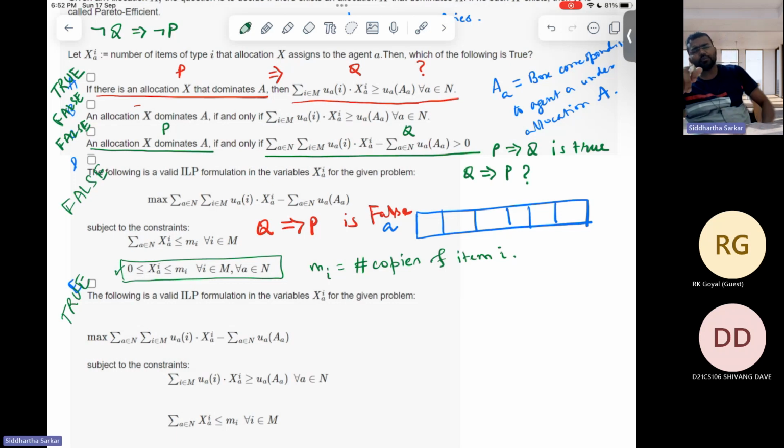So in the assignment which is due on Wednesday, there is a slightly different ILP formulation, but because we have discussed how ILP formulations are made for this problem, I hope that you will be able to parse that ILP formulation and answer the question.